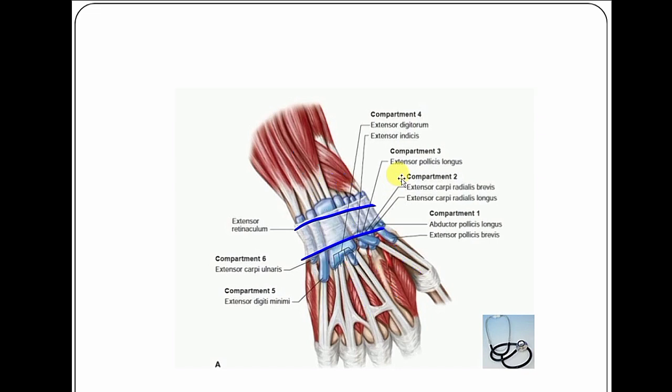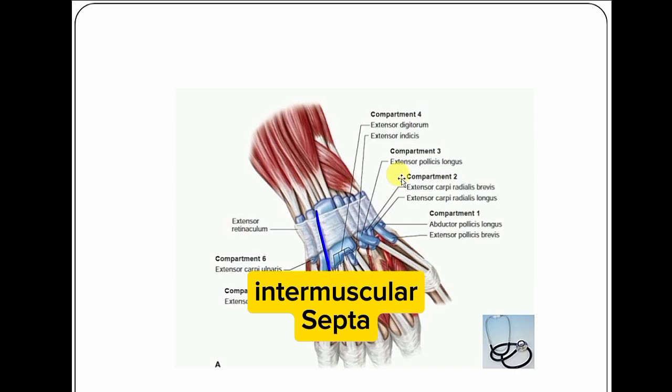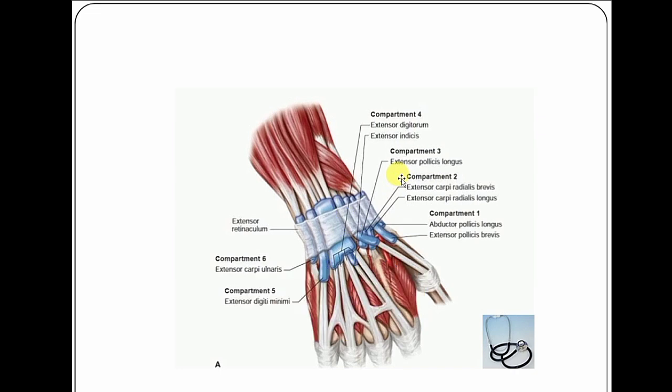Hence, it converts the posterior surface of the distal end of the radius and ulna into 6 different tunnels, while each tunnel is separated from another tunnel by a fibrous septum between them. When we talk about the attachments of this extensor retinaculum, it is attached medially to the pisiform bone and the hook of hamate and laterally to the distal end of the radius.